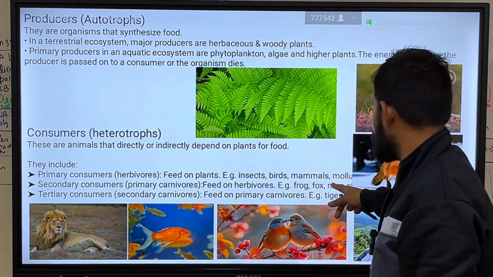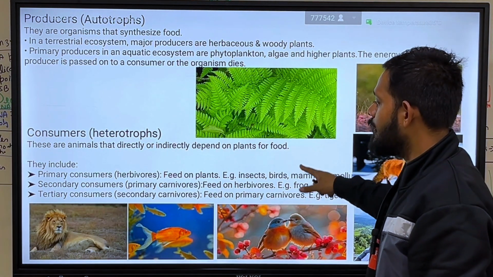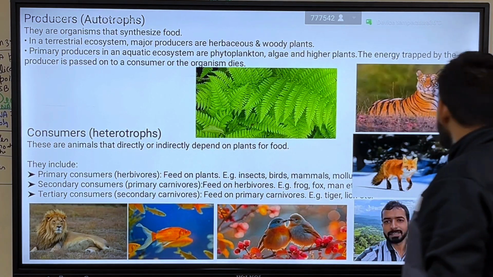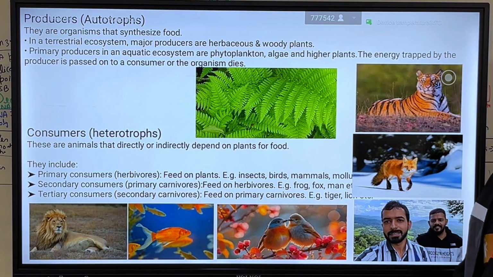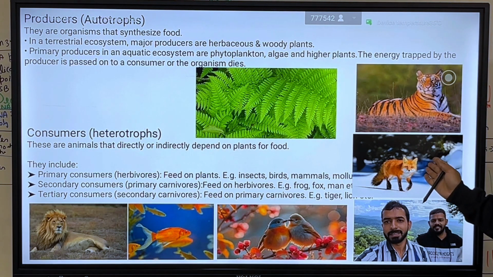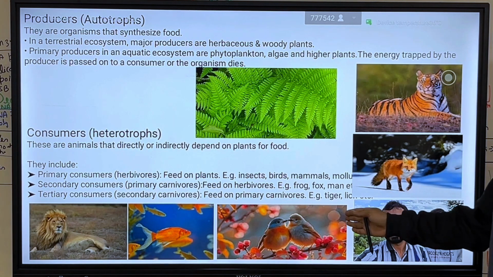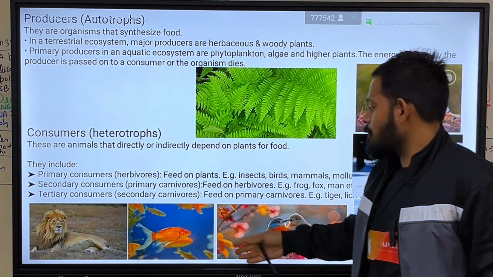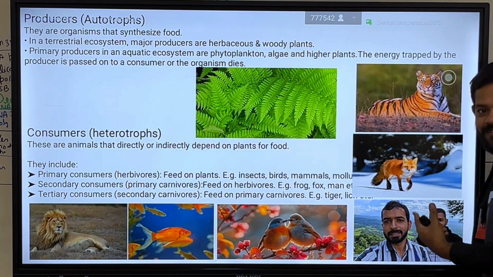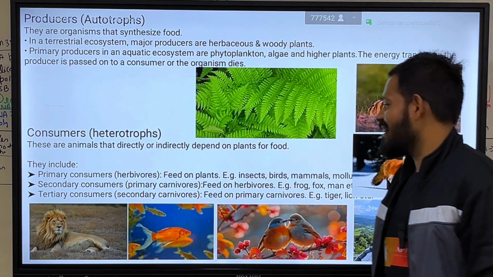Man can come here also and here also. So these are the examples of some primary consumers, secondary consumers, and tertiary consumers.